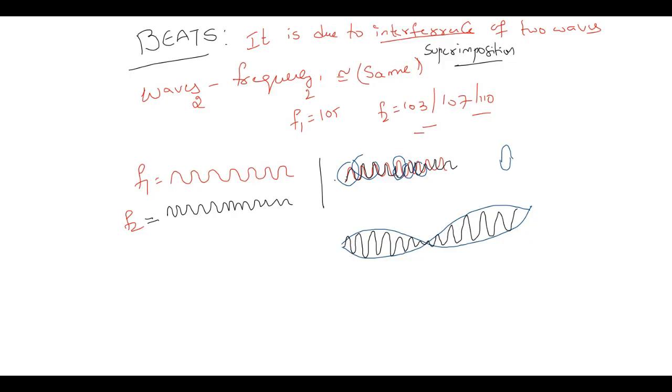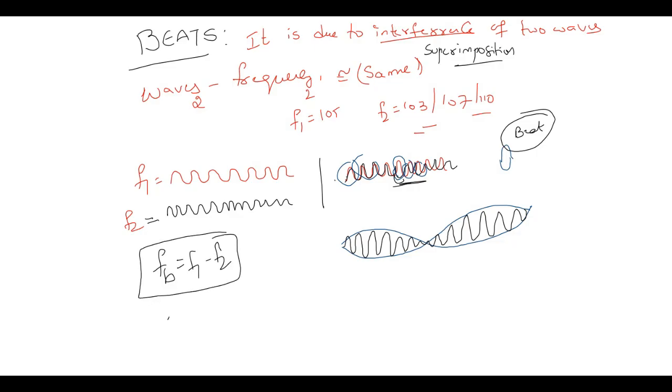Understood? So somewhere here you can see that construction and destruction happened. That is called beat. So what is the difference between them? That is known as beat. So beat frequency is the difference between the frequencies. It can be F1 minus F2 or F2 minus F1. That is known as beat frequency.